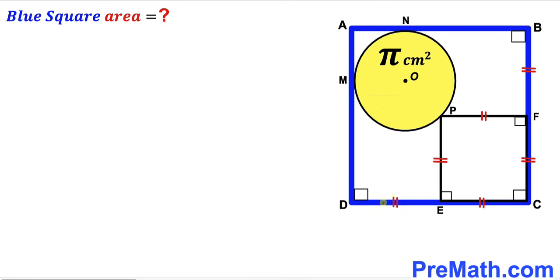Moreover, this segment DE equals this segment EC, and likewise this segment FC equals this segment BF, and furthermore these points M and N are the points of tangency. And now our task is to calculate the area of this big blue square ABCD.